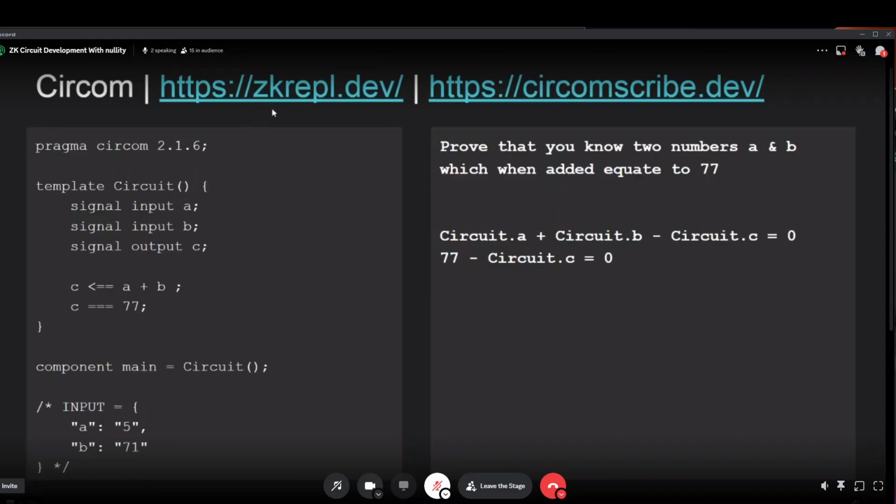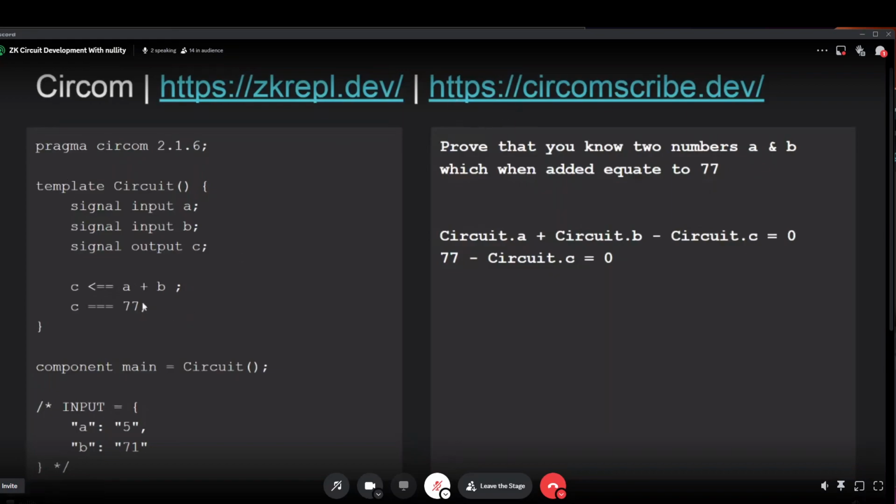There are two mainly used tools for Circom. One is zkREPL. I use it almost every day if I'm coding in Circom. And the other one is Circumscribe. It's a really great tool to visualize all your constraints.